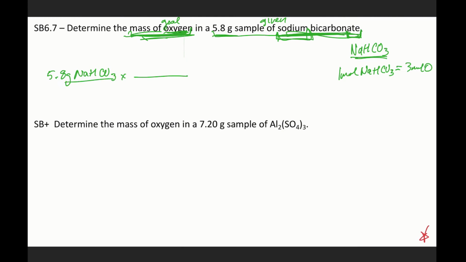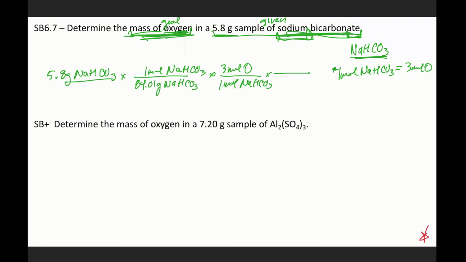I need to use the molar mass. So we have 84.01 grams of NaHCO3 for every 1 mole of NaHCO3. And then for every 1 mole of NaHCO3, there are 3 moles of oxygen.